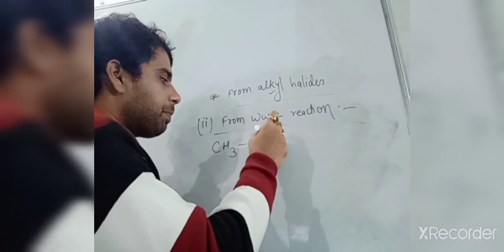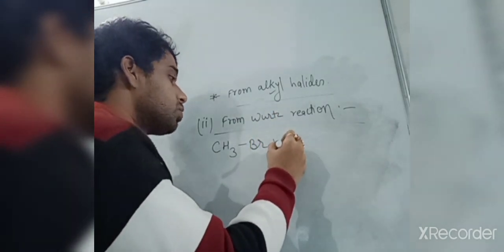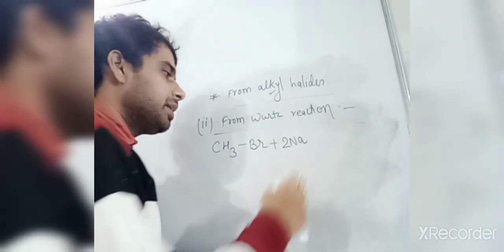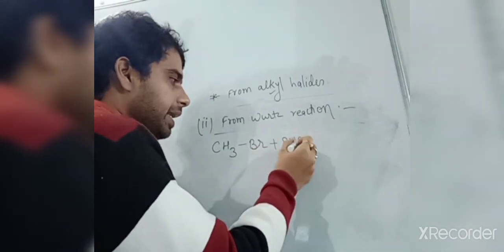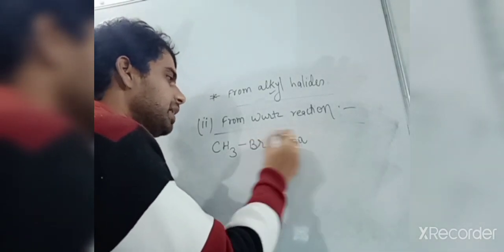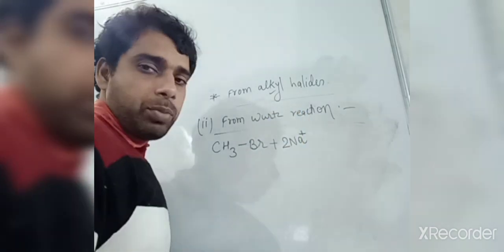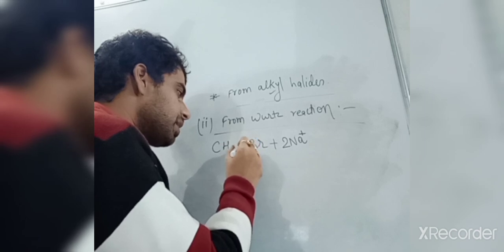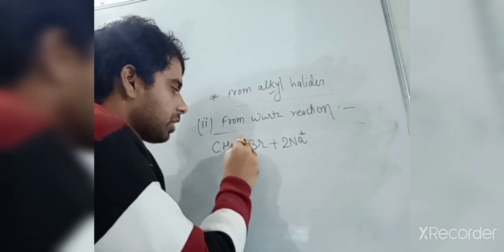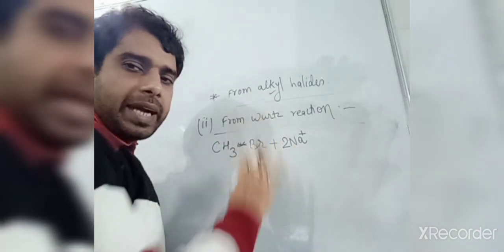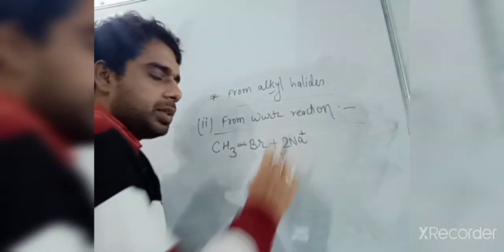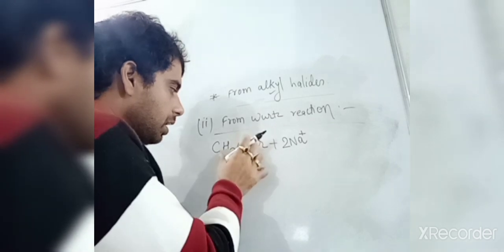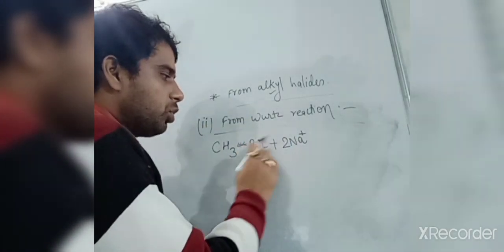because if I react it with two sodium atoms, then Na will combine with Br, because you know Na is having a positive charge, and Br is more electronegative, so it will take its electron also, and it will act as a leaving group, so it will be removed from that alkyl halide, so it will form 2 NaBr.